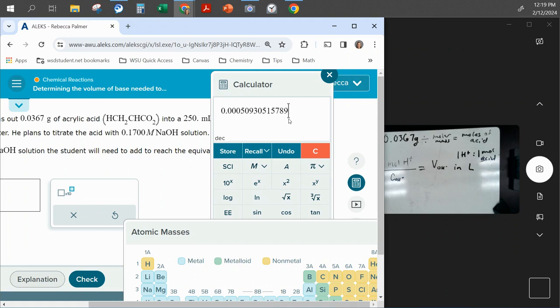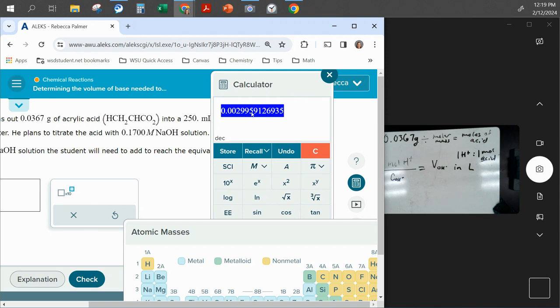So we're going to take this number and divide it by the concentration of hydroxide. This is the volume in liters. We don't want it in liters, we want it in milliliters. So I'm going to move the decimal. 1, 2, 3. Oh, this one we have extra, so we need 3.